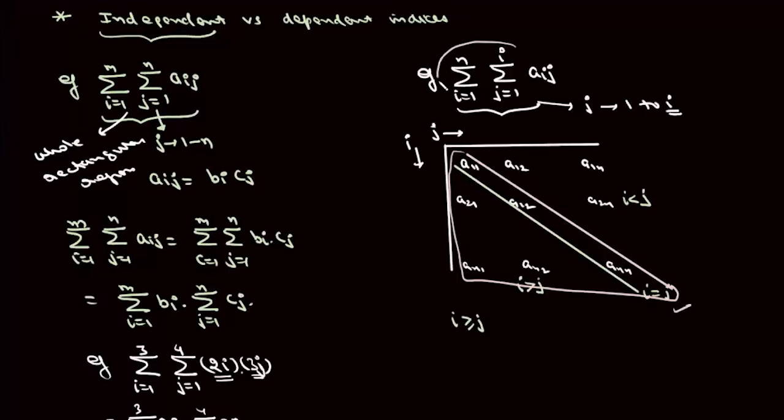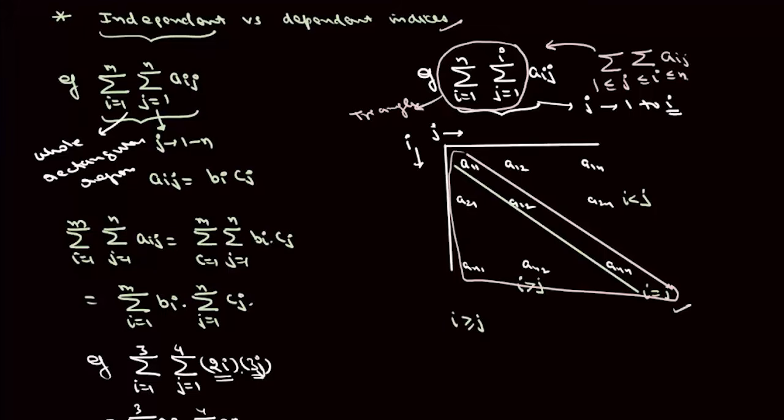Basically, this double summation is equivalent to this double sum of a_ij, where j is less than or equal to i and i is less than or equal to n. This is an equivalent notation of writing the same double summation. And when we have dependent indices, it is not a rectangular region, it is a triangle.